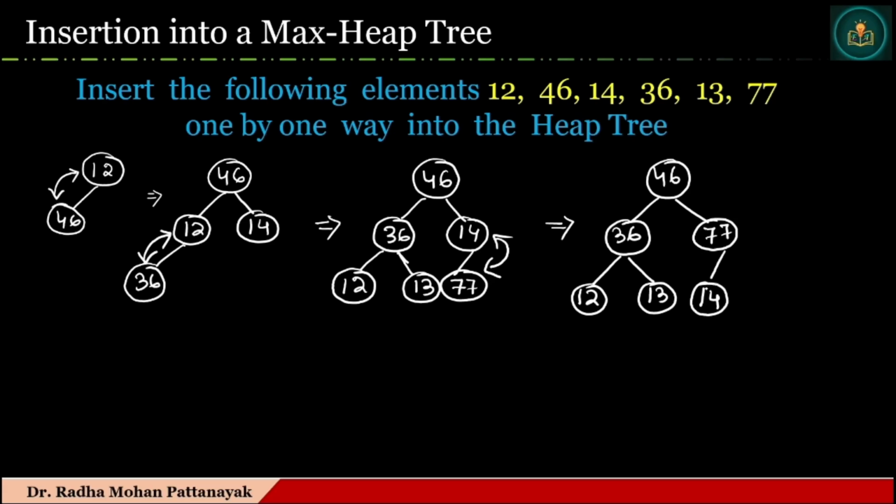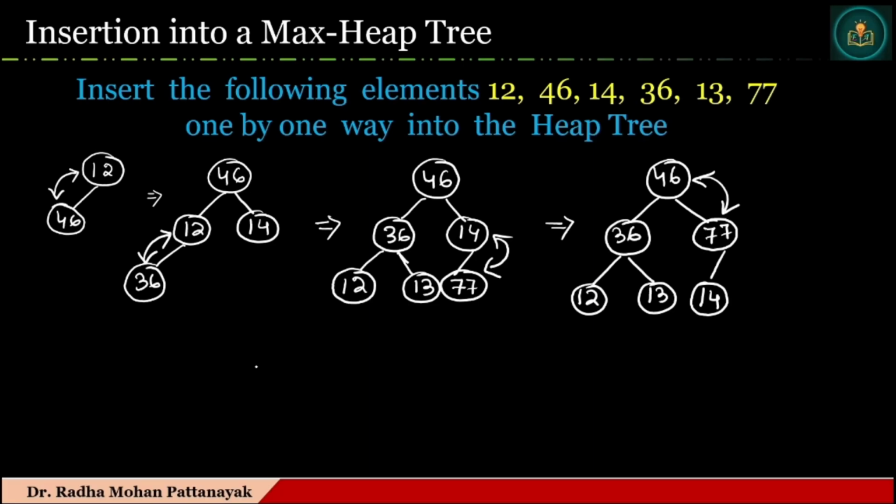Clear? Then 77's left is 14, because after swapping 14 will become the child node. But now after moving 77 up, don't stop the process here, because 77 still has a parent node. So you check 77 with 46. After checking, you will find that the parent value 46 is less than the child value, that is 77. So what do we need to do? We have to make a swap.